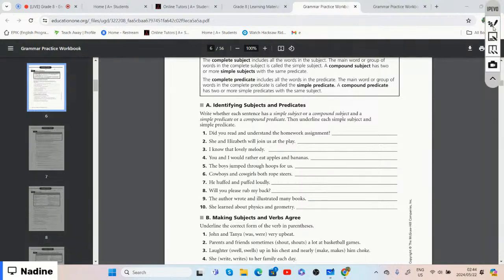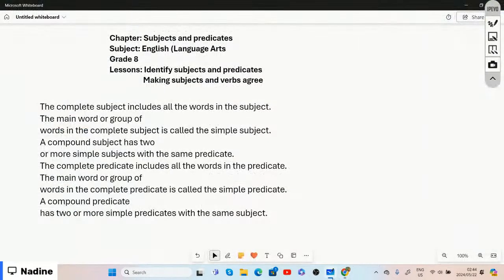All right. So when it comes to simple subjects and simple predicates, we specifically say that a simple subject shows us who or what is doing something within that sentence. It can be one person doing something or it can be more than one person doing something.